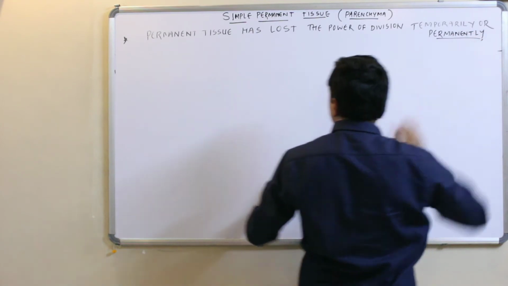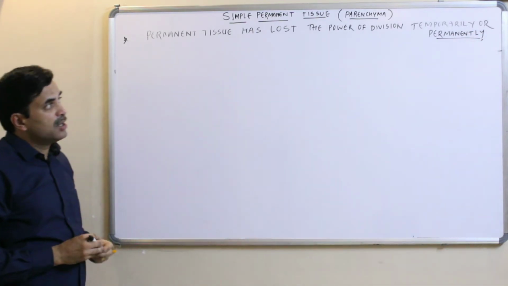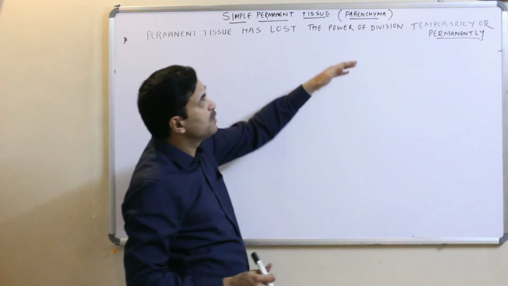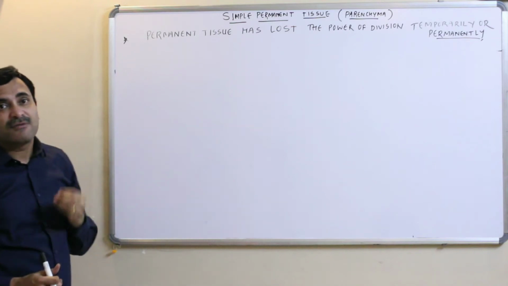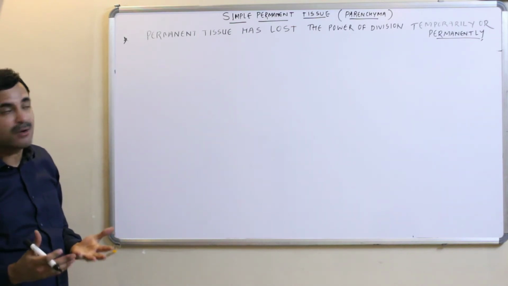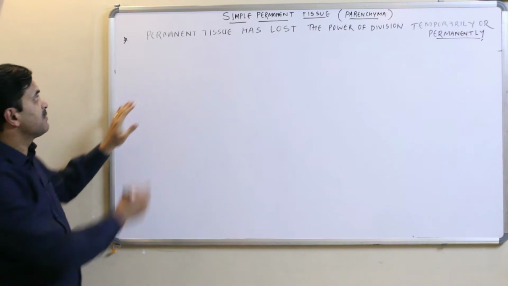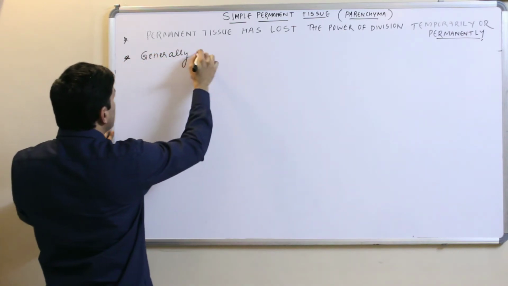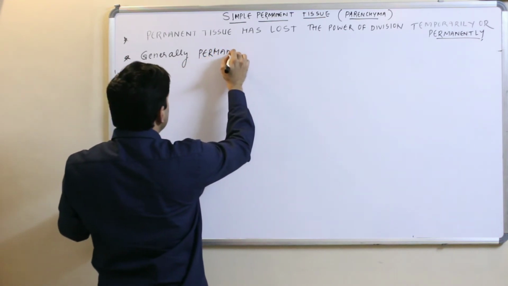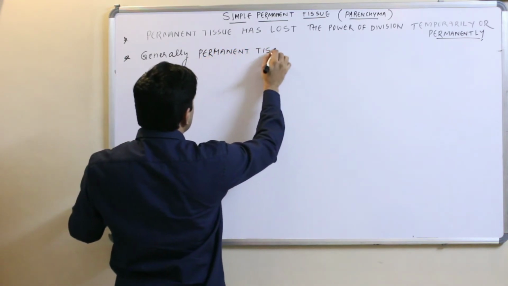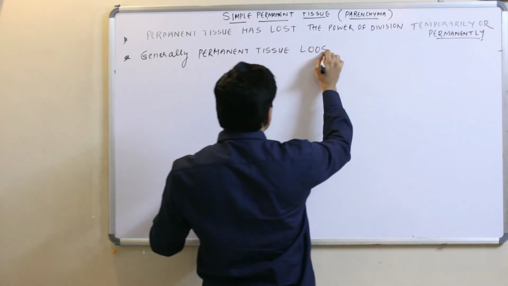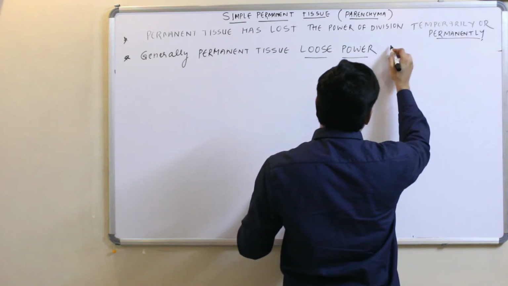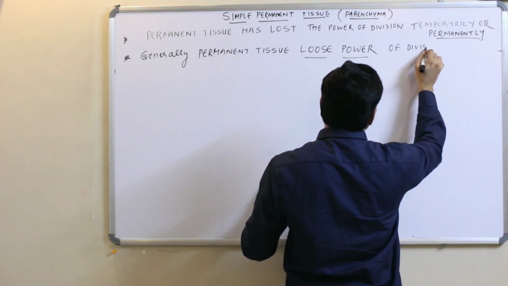There are some permanent tissues which lose the power of division permanently, but there are some permanent tissues which can divide again. Alright, so this point is to be noted here. But generally, it has been seen that permanent tissue loses the power of division.